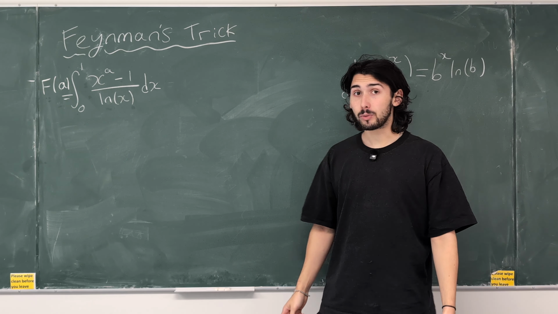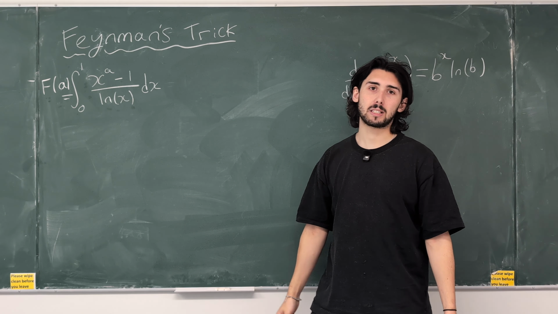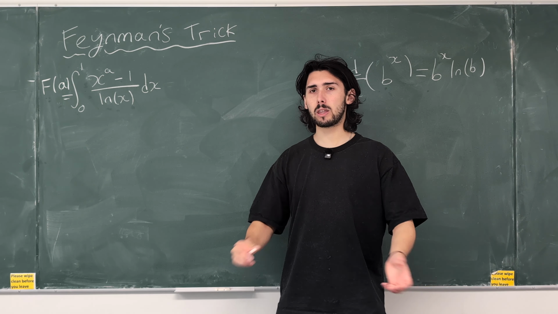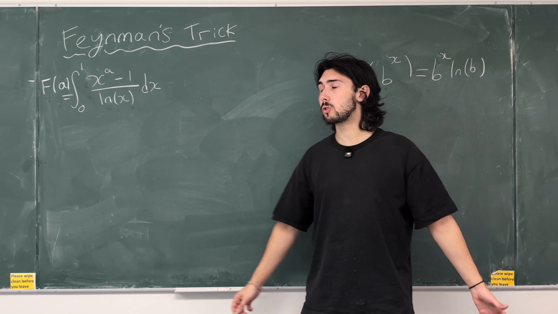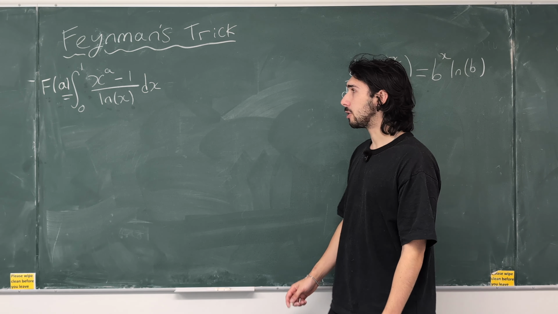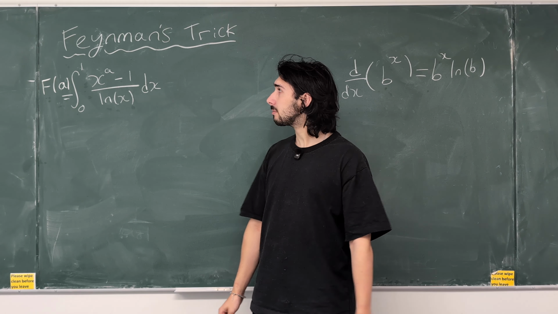Okay. Now, this is the clever bit. Do you see there is a natural log of x on the denominator? Ooh, that's really gross. We don't like that. We do not like dealing with logarithms inside of integrals the majority of the time. They're really messy and gross. Now, do you see that there's an x to the power of a in the numerator?